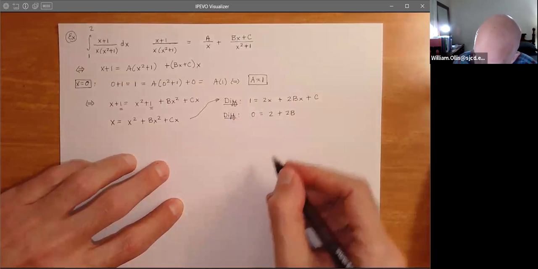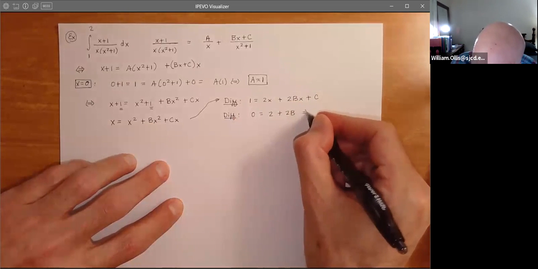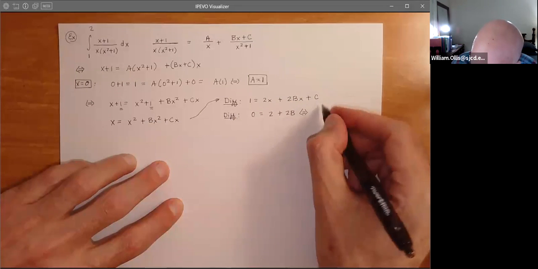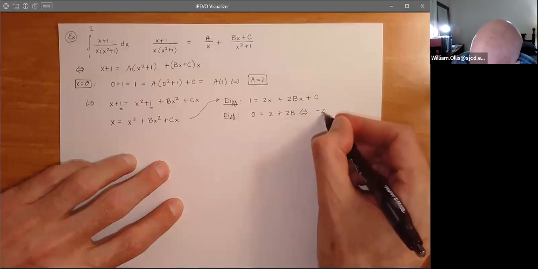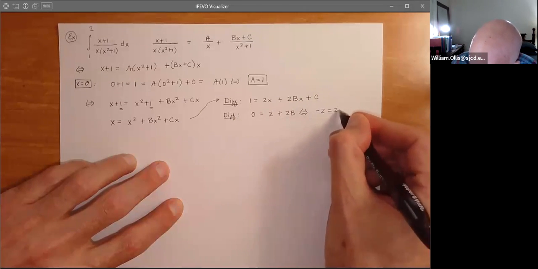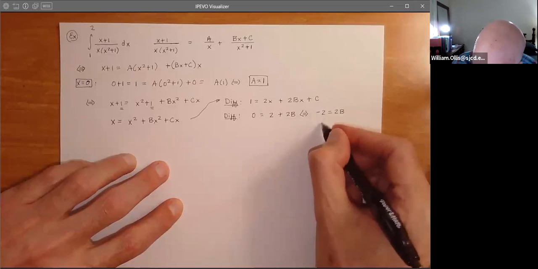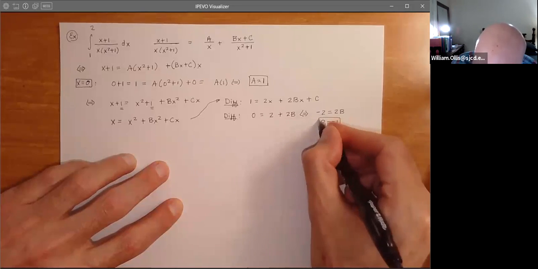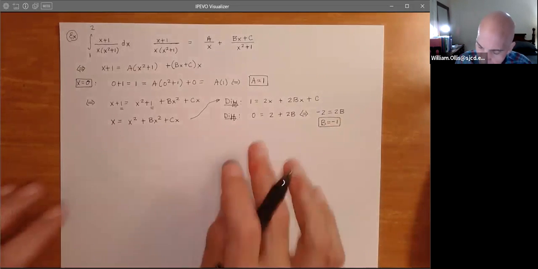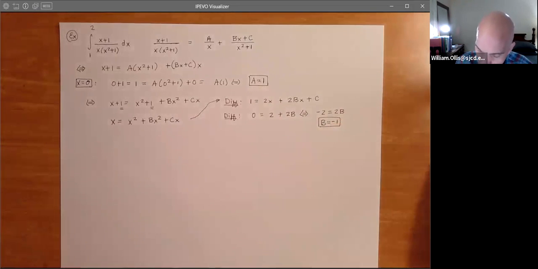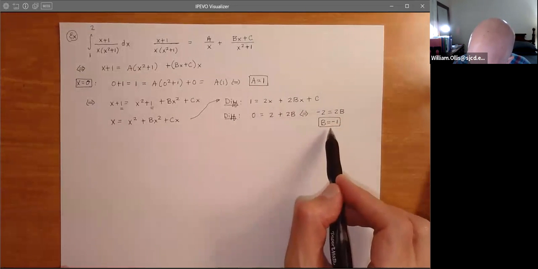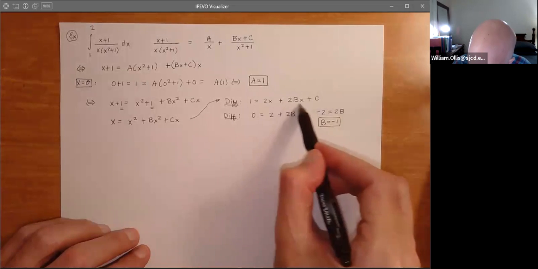Now if you want to just factor this, you can say -2 equals 2b, and the 2's absorbed, so b must be -1. When you look again at this, very similar to the last one, you can say, okay, if we've got b equals -1, we can go back to this equation.